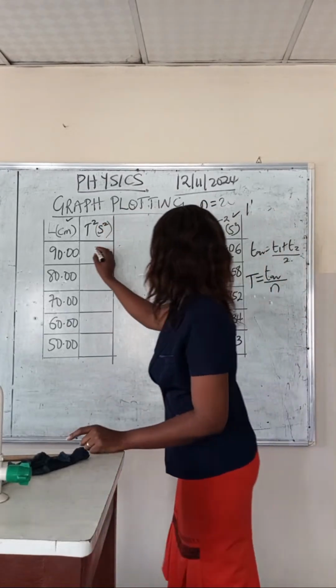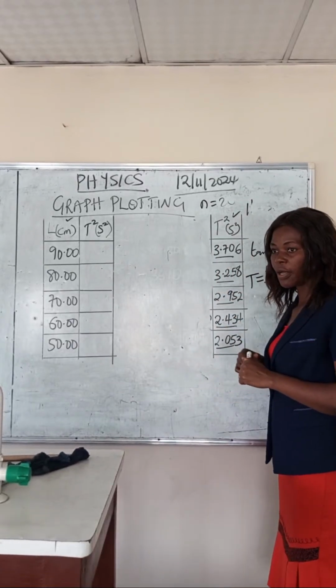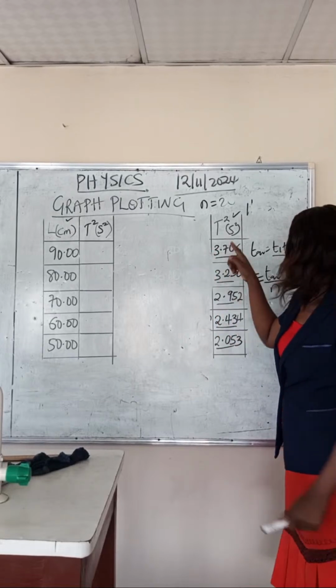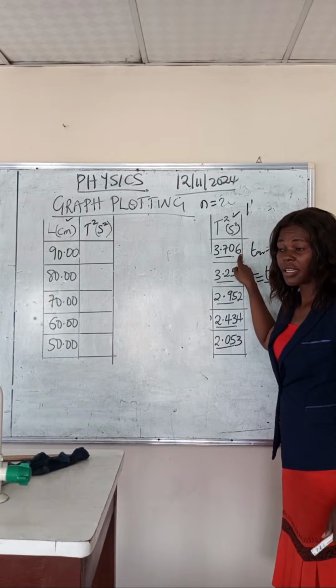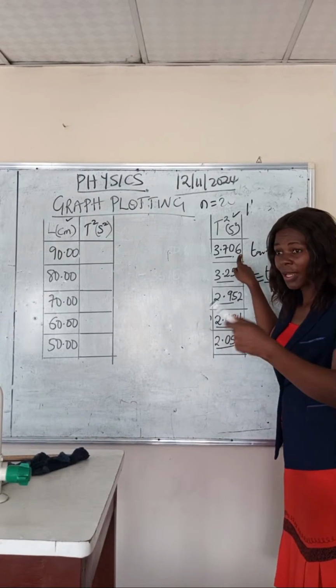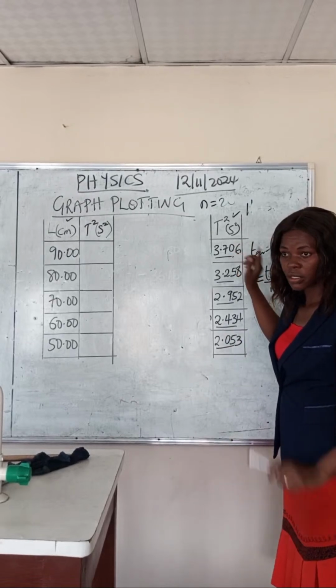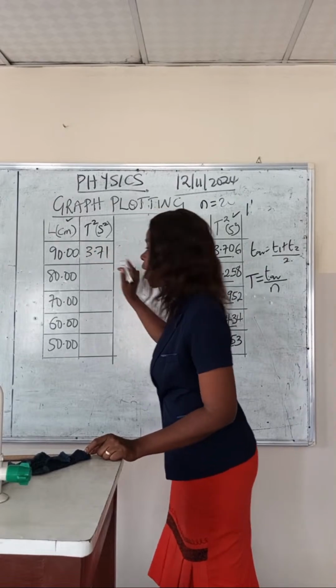Alright, the first value here is, listen, we are using the approximate value now, just the 2 decimal places. Now, if the third decimal is more than 5, or it's up to 5, we approximate it and put it here. Is that clear? So I'm going to write 3.71, right?